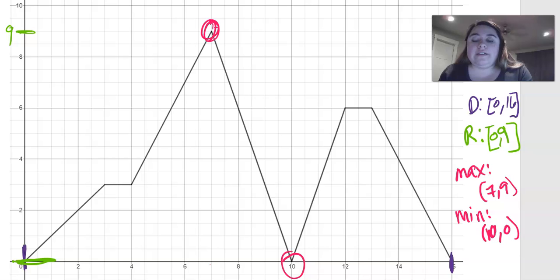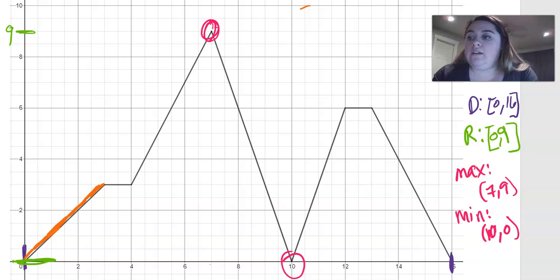When you're increasing on a graph, your y values will start to get bigger and more positive as you go along the x-axis. So where on my graph do I see my y values becoming more positive? Well, let's figure that out. If I start at 0, and I keep going, keep going, keep going, I can stop right there at 3. That is one of my increasing intervals.